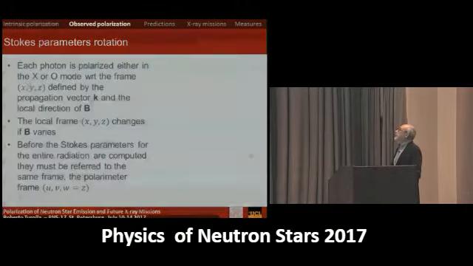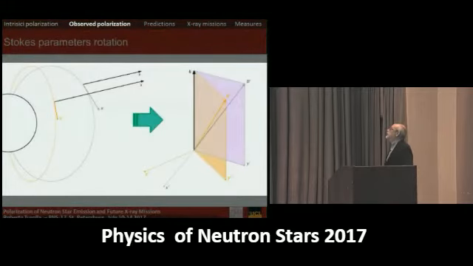Here is a cartoon which shows you through this drawing what I said before. Here are two points close to the neutron star surface. The direction of B is different in the two cases. k is, of course, the same. These two k's are two parallel vectors.